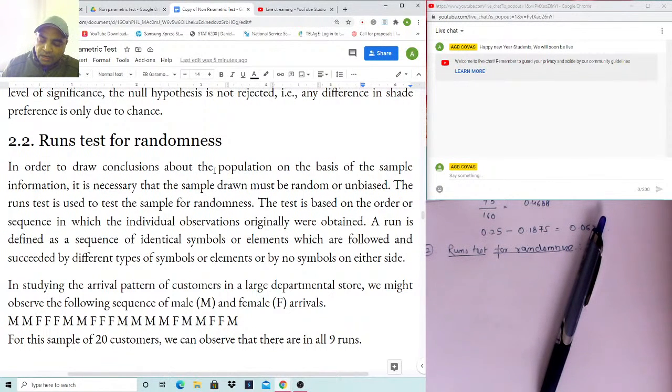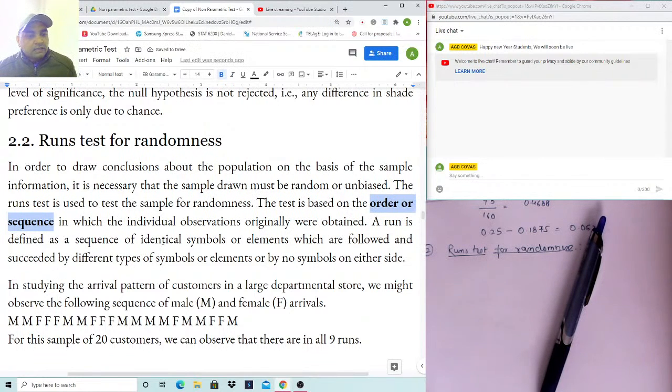If you want to test whether the sample you have selected is random or not, then you can apply the runs test. The test is based on the order or sequence in which the individual observations were originally obtained. That is, it works on the order or sequence.